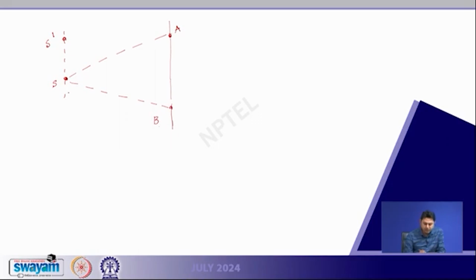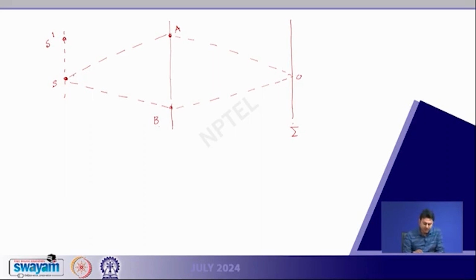Like some sort of double slit experiment we are doing here, and then it reaches a point O over the screen, say I define this as sigma. So what is happening here?